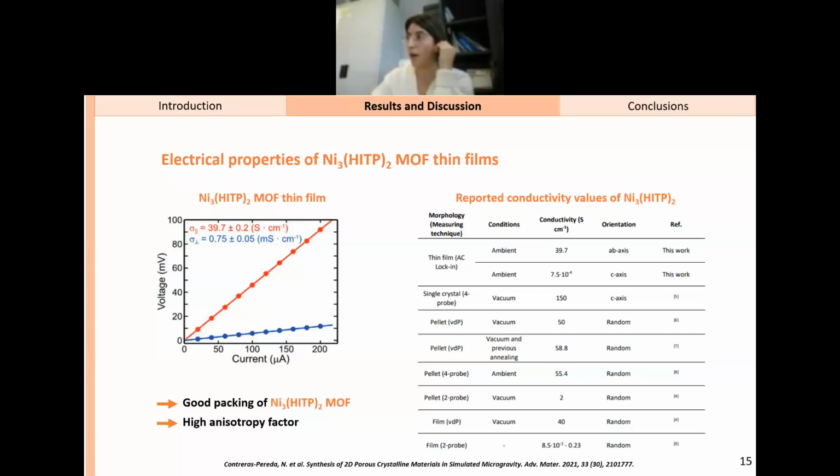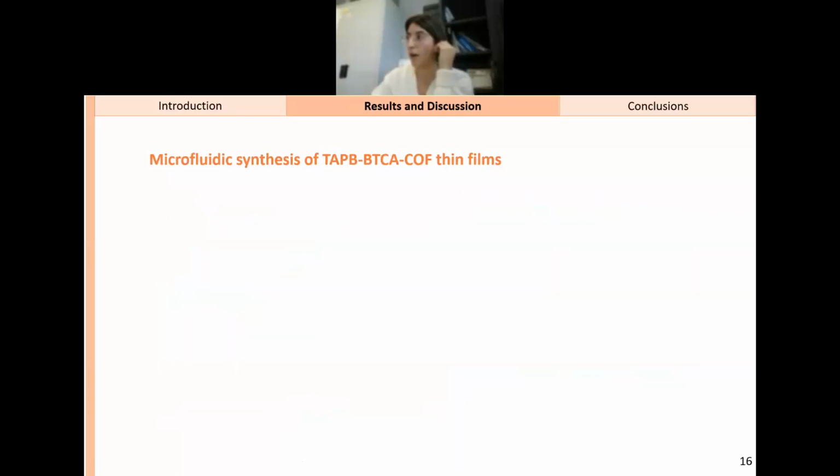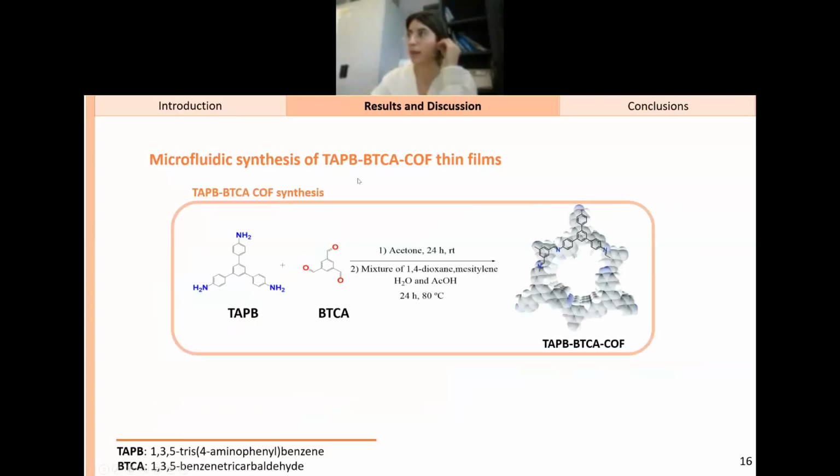To extend this approach to other materials, they synthesized a different material, a COF film. This one is the TAPB-BTCA COF film, which is an imine-based COF.